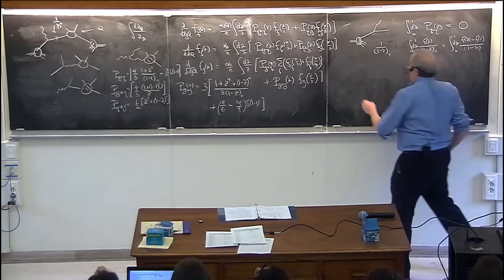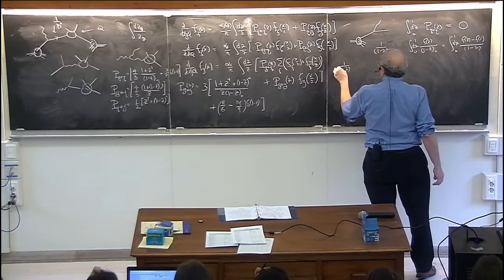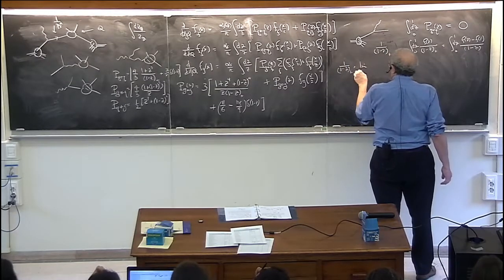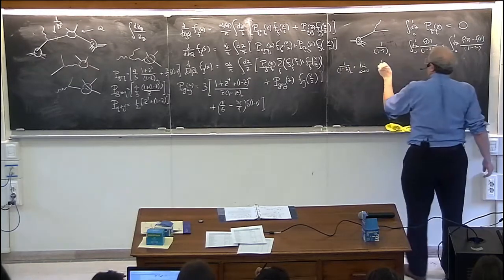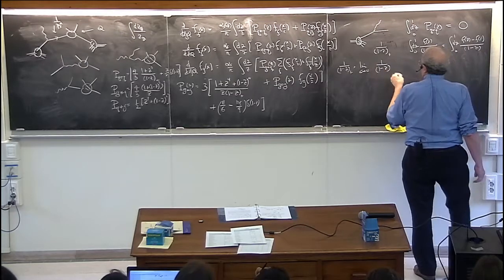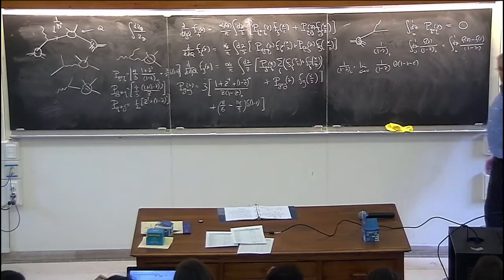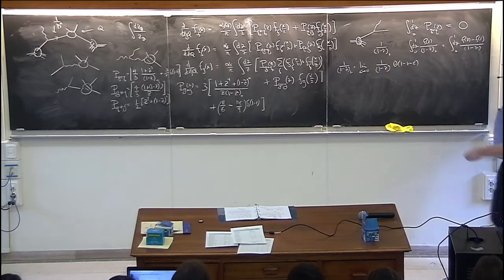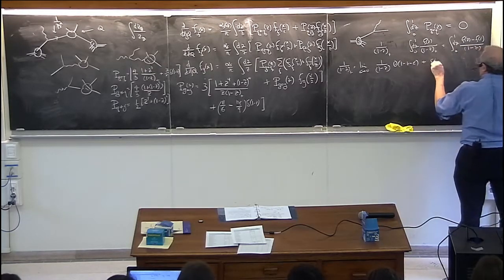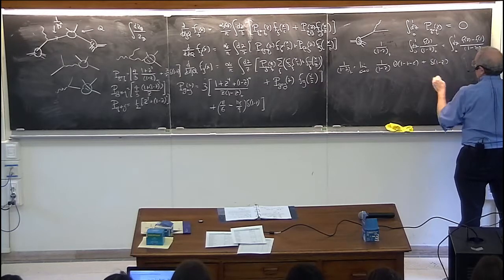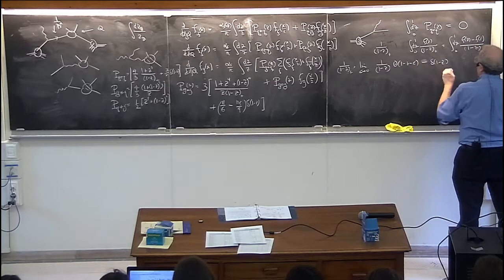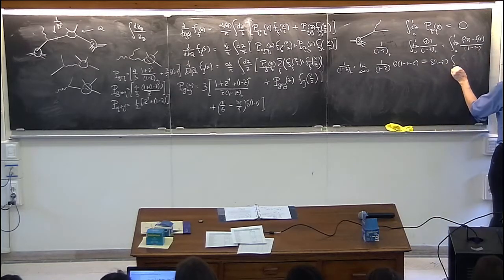So this integral is now finite when z goes to 1, and you can just evaluate it. A way of thinking about this plus distribution is that it's the limit as epsilon goes to 0 of 1 over 1 minus z, cutting out the region of size epsilon around 1, and then introducing a delta function term proportional to this integral up to 1 minus epsilon.